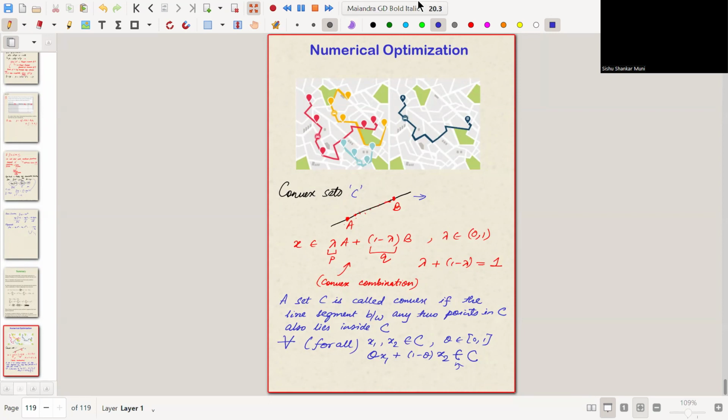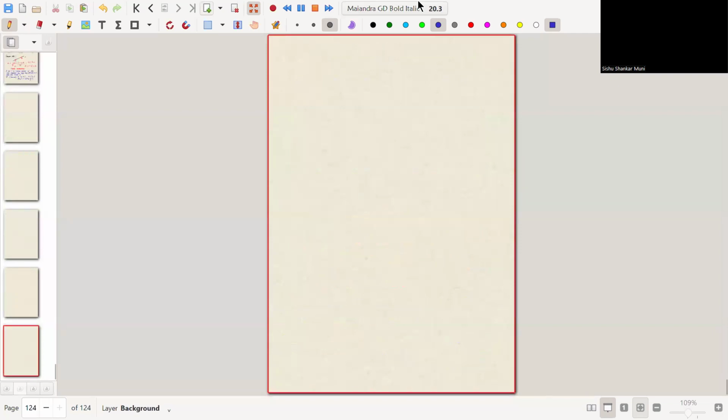Now, visually seen what is a convex set, but what is not a convex set? That also you should know. Any example what is not a convex set? Is this a convex set? Set C, a convex set.